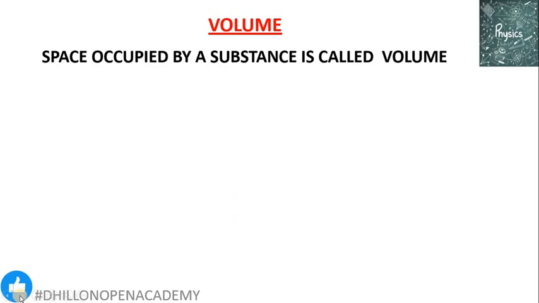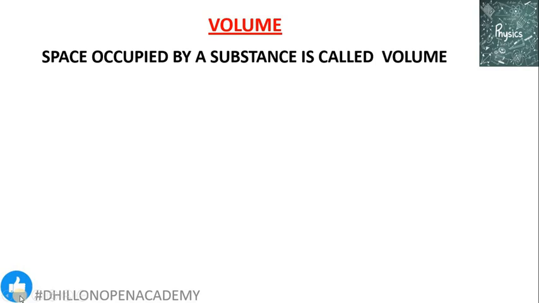Volume. Space occupied by a substance is called volume. When we go to the market to buy milk, or when we go to the petrol station to buy petrol or diesel, we always use sentences like give us 3 liter of milk or 1 liter of milk, or please put 5 liter of petrol in the car or the bike.